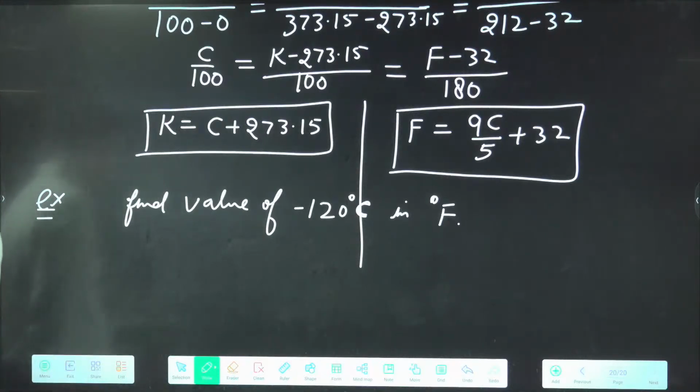Tell fast, what is the answer? Minus 120 degrees C you have to convert into degree Fahrenheit.